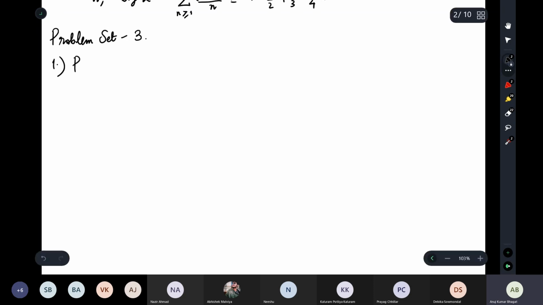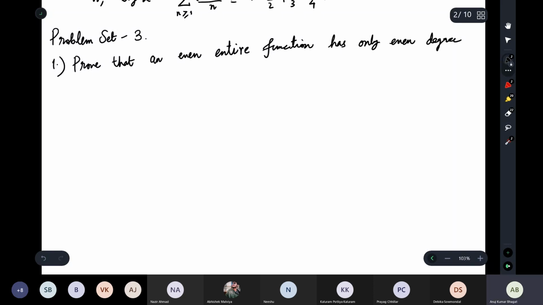So prove that an even entire function has only even degree terms in its power series expansion around 0.